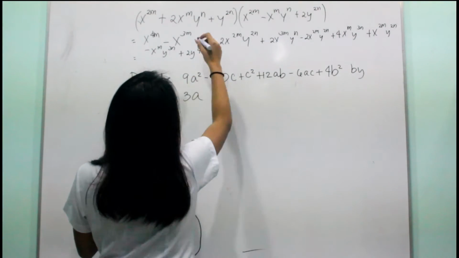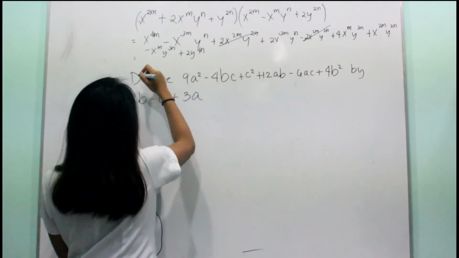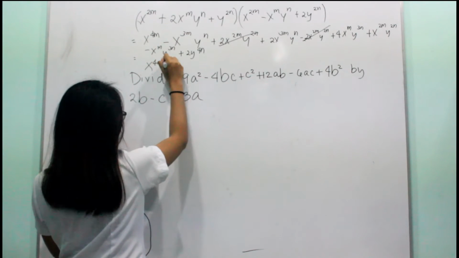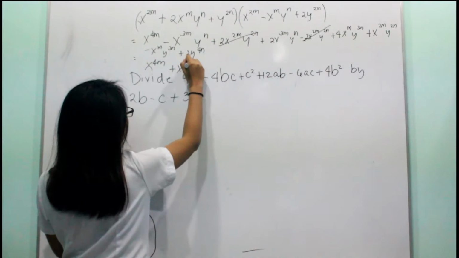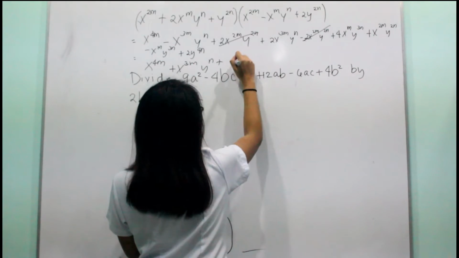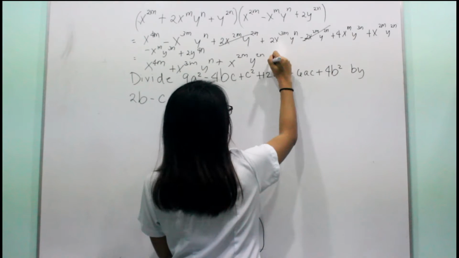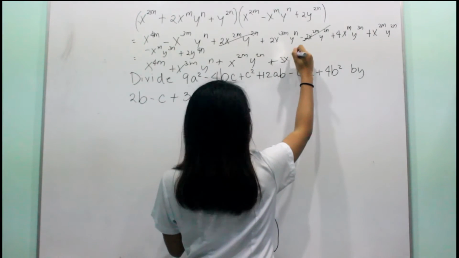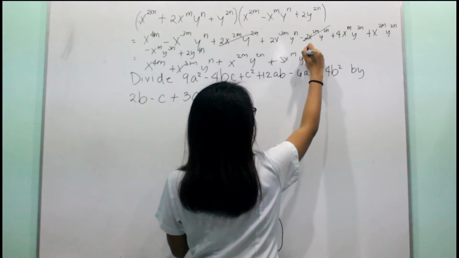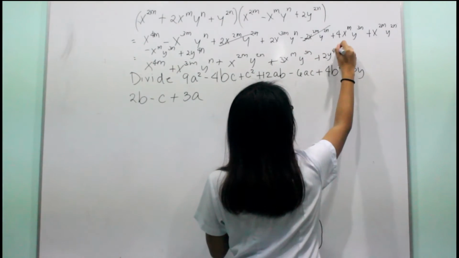So cancel terms that can be cancelled. So x raised to 4m plus x raised to 3m y raised to n plus x raised to 2m y raised to 2n plus 3x^m y raised to 3n plus 2y raised to 4n.